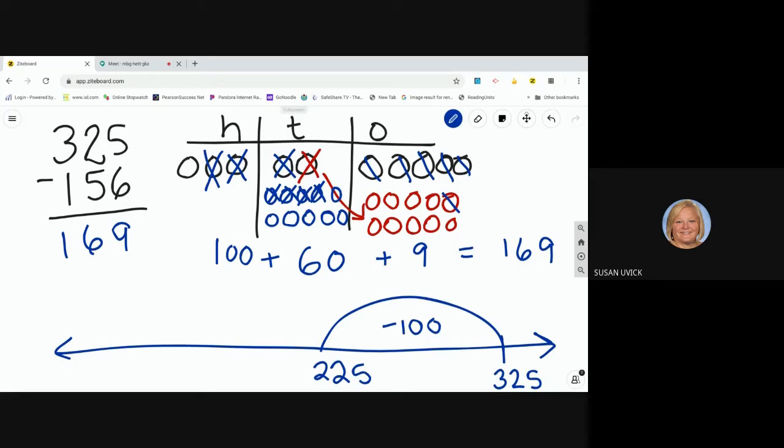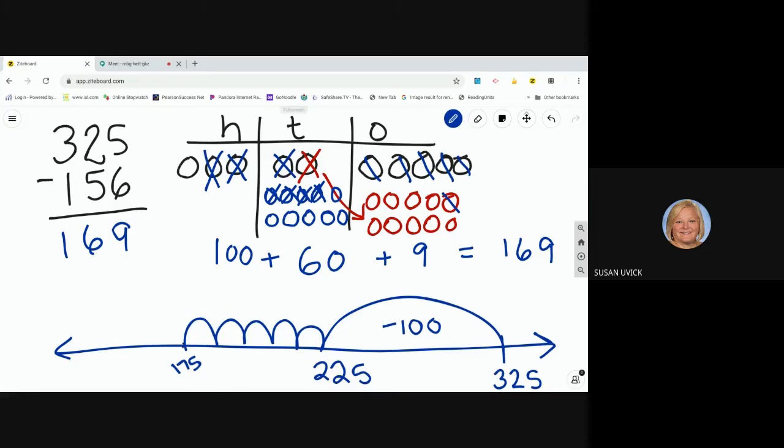Now I need to take away 50. 10, 20, 30, 40, 50. And I'll count backwards by tens. 215, 205, 195, 185, 175.